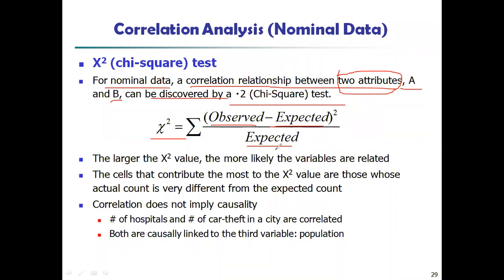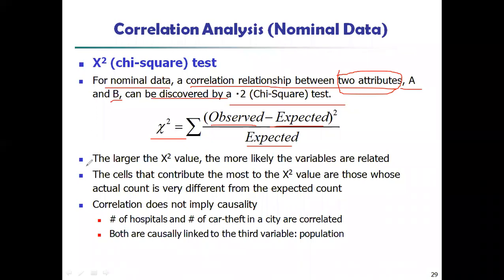If you calculate the values under this, then we get the result, showing how much the two attributes are correlated with one another.